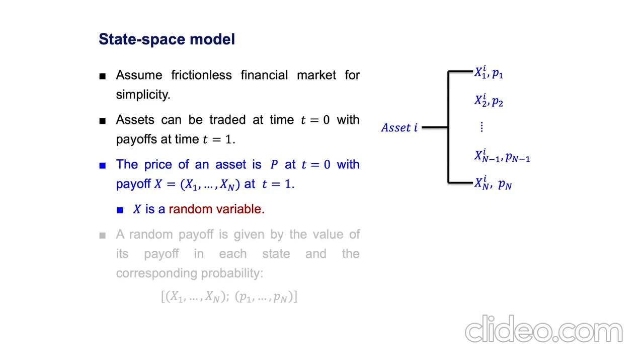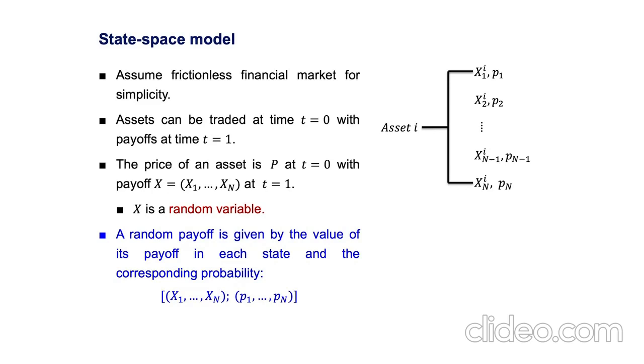X can also be represented as a vector of different payoffs in different states. It's also called a random variable, denoting unpredictable realizations at some future time. A random payoff is fully defined by its payoff in each possible state and the corresponding probability.